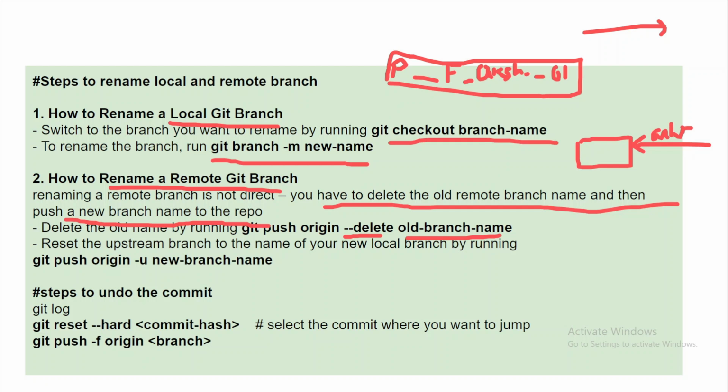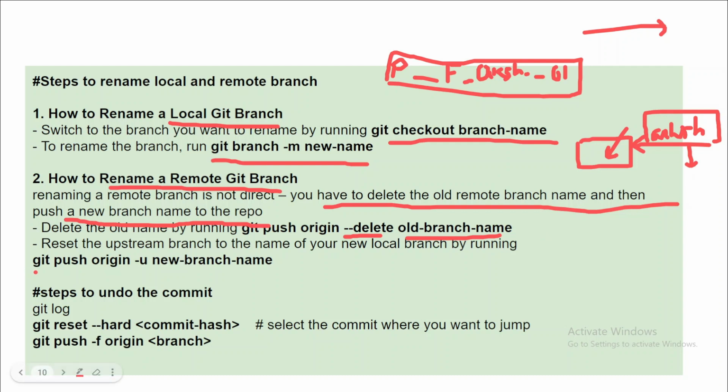This is the remote branch because it is present on GitHub. If I have to rename the branch that I created to merge the changes in Akshata's repository, I need to first delete it.